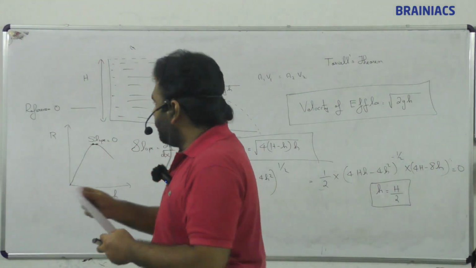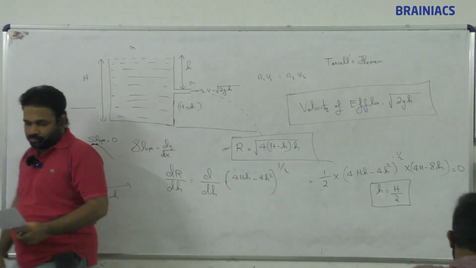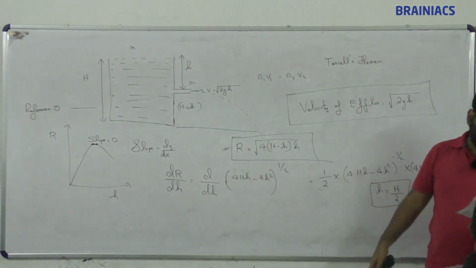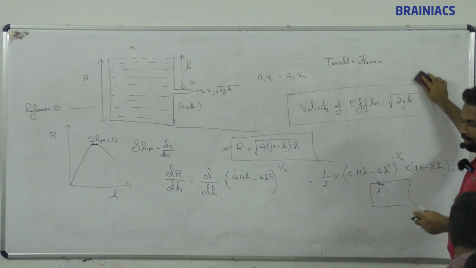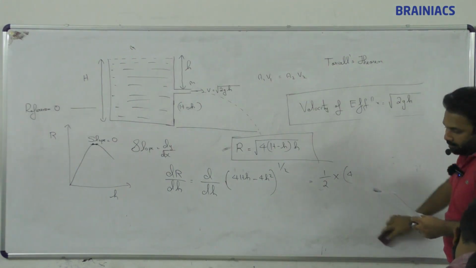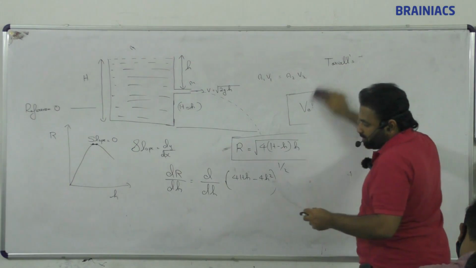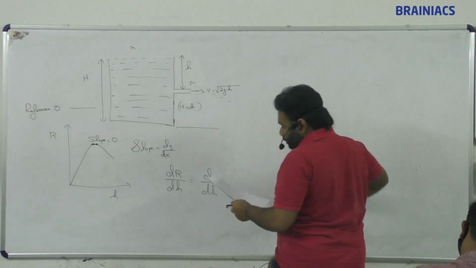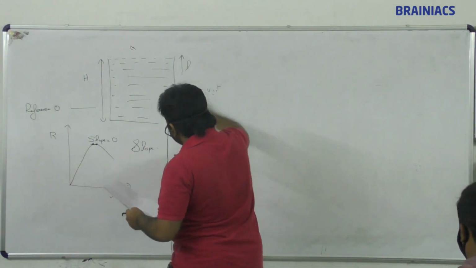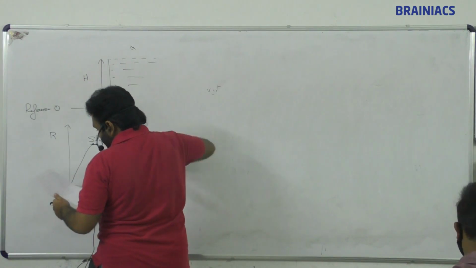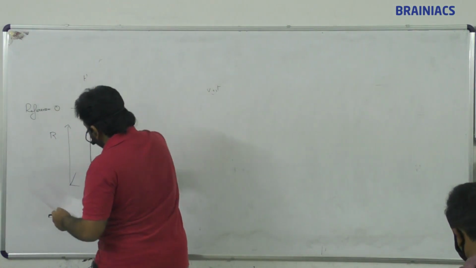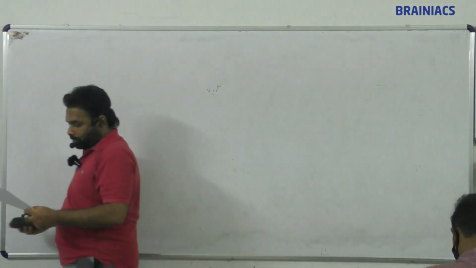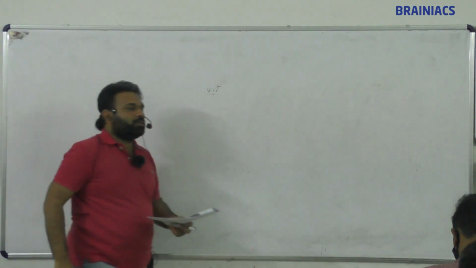Second question in the handout: find the velocity of outflow of liquid from the pump if the piston moves with a constant velocity under the action of a constant force. The density of liquid is rho. What is the velocity of outflow?